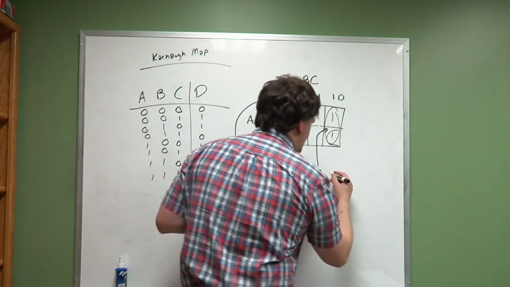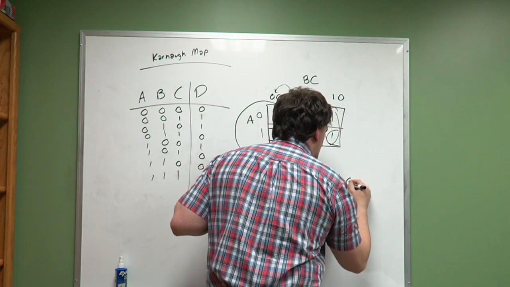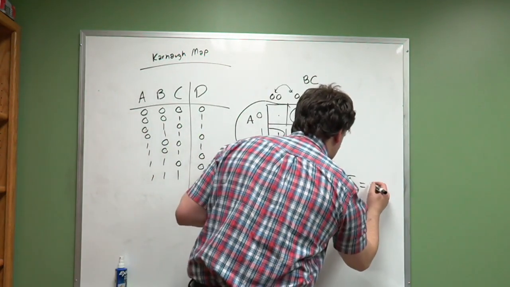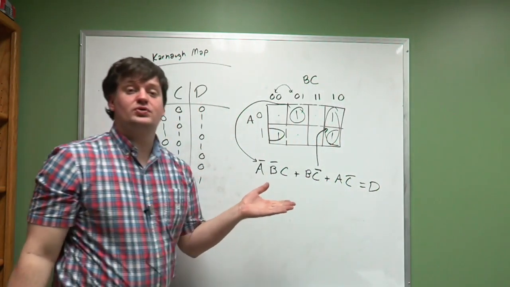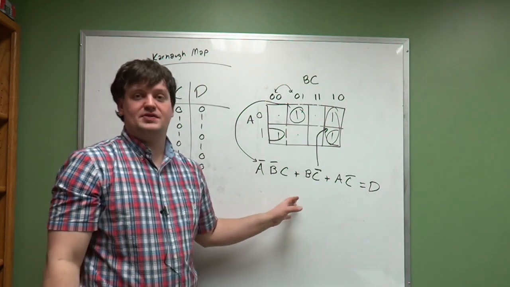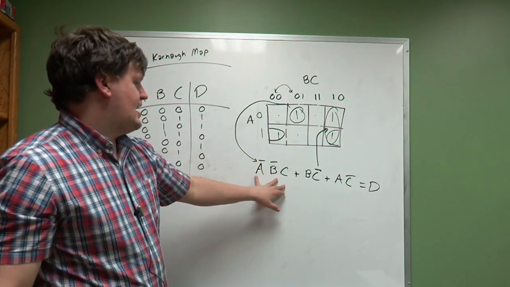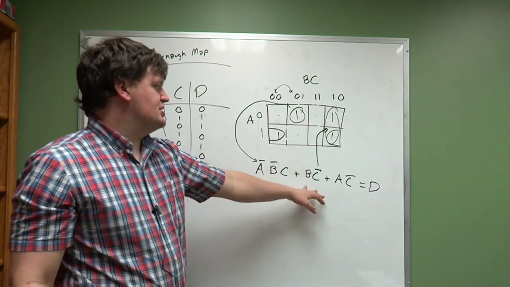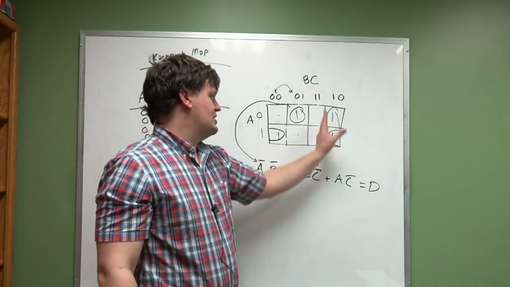Okay? So this is the Boolean algebra expression for how we can develop this circuit. We've got A naught, B naught, C, which is this one right here. We have B, C naught, which is this column here.